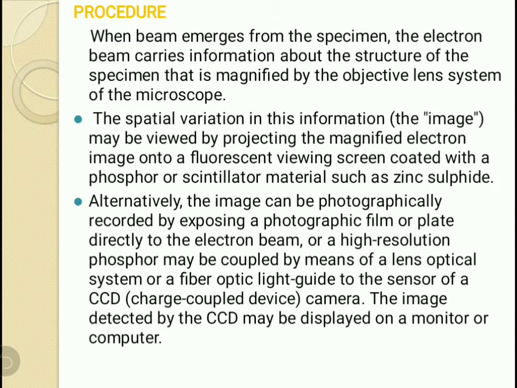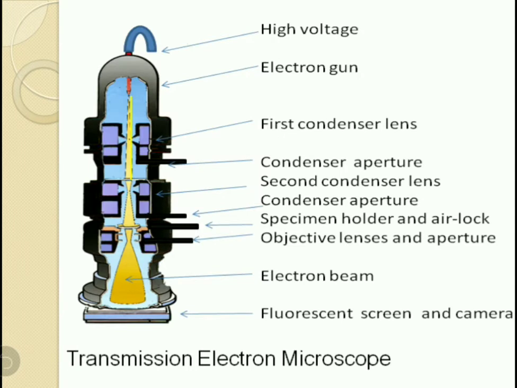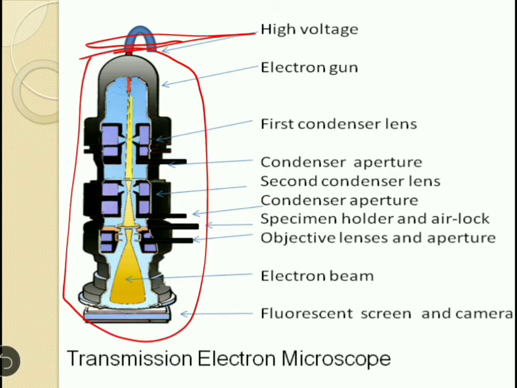If you see the diagram, the high voltage is created and the whole assembly is in vacuum. These are the various electrostatic and electromagnetic lenses we can see here, which give a proper direction to the electrons that are created.